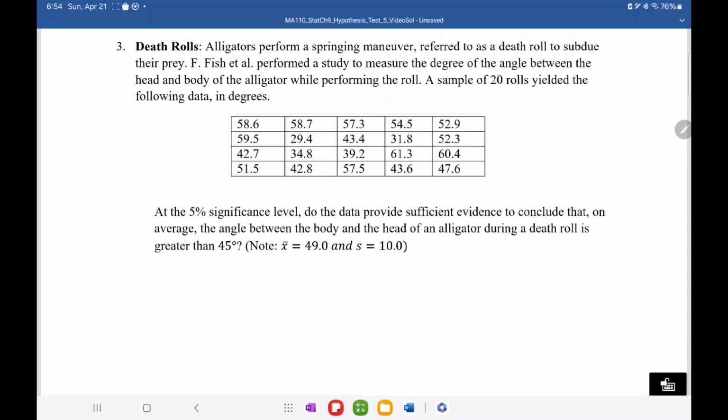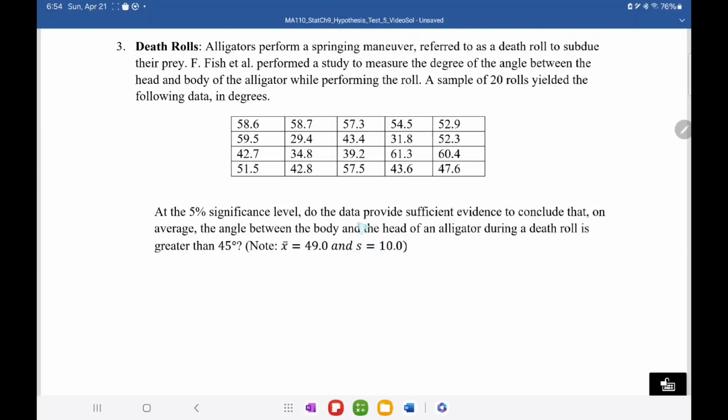That's what it means. And then here it says at the 5% significance level, do the data provide sufficient evidence to conclude that, on average, the angle between the body and the head of an alligator during a death roll is greater than 45 degrees? And they've given us some additional data points. They said that the sample mean is 49.0 degrees, and s, the sample standard deviation, is 10 degrees.